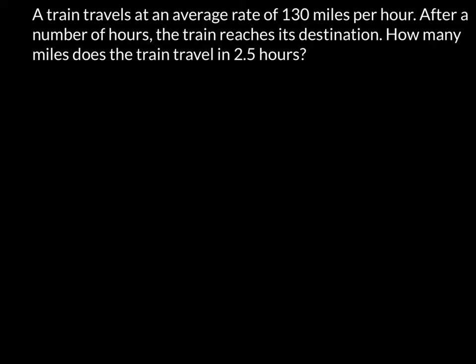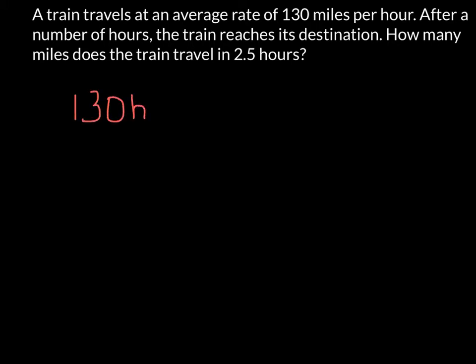A train travels at an average rate of 130 miles per hour. After a number of hours, the train reaches its destination. How many miles does the train travel in 2.5 hours? So to find how many miles, we would write the expression 130h.